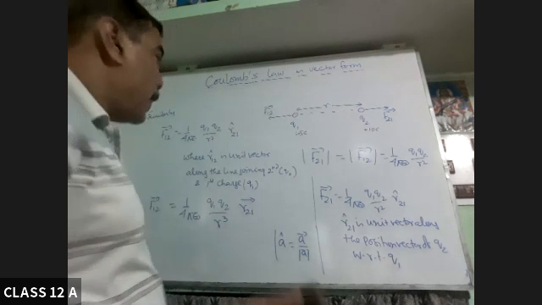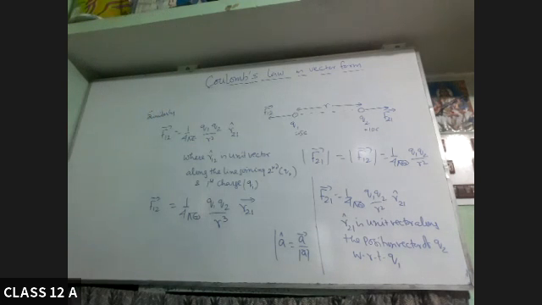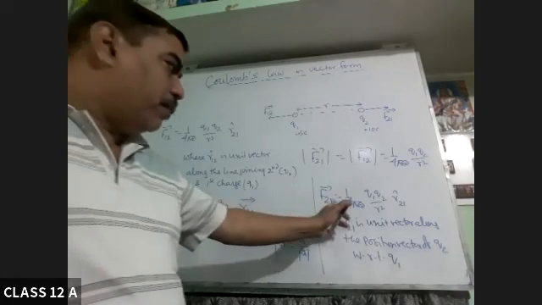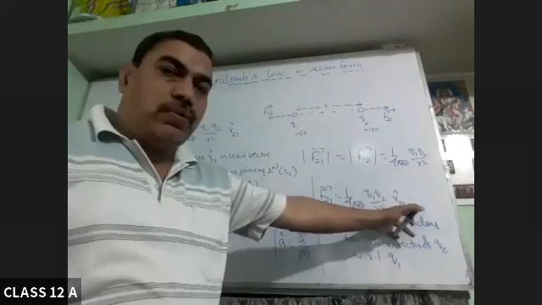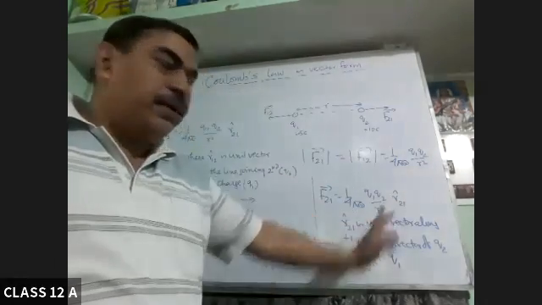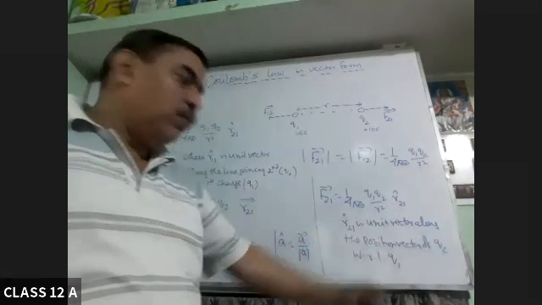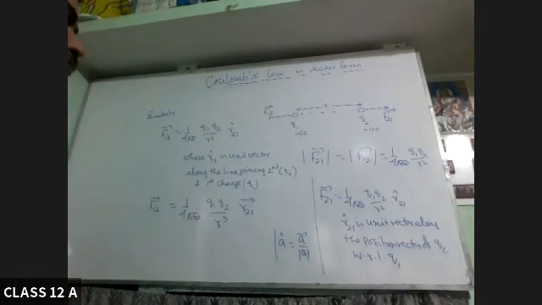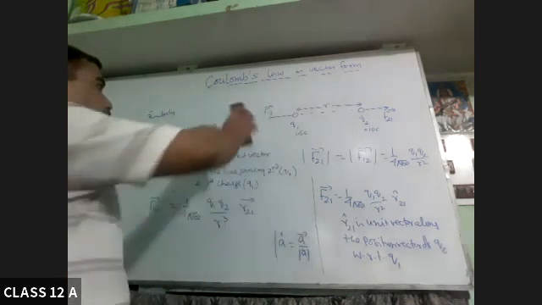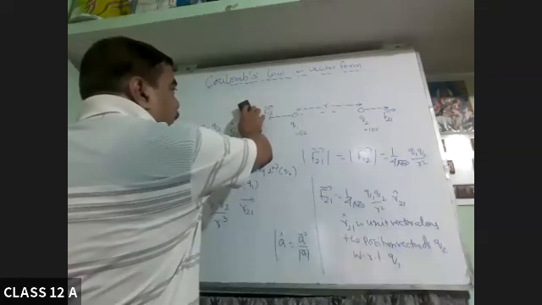Similarly, if it is F12, then R12 will be the unit vector along the position vector of Q1 with respect to Q2. Clear?